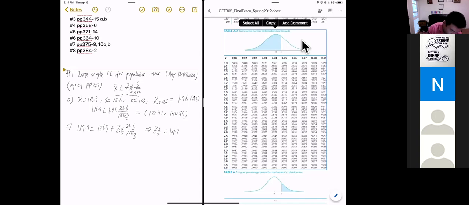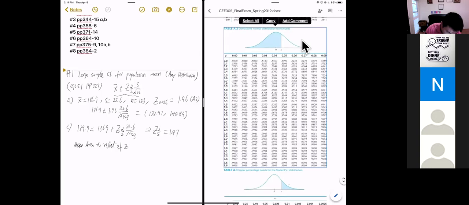So the area to the right of z of 1.47 will equal 1 minus 0.9292, which is 0.0708. So half alpha is 0.0708.